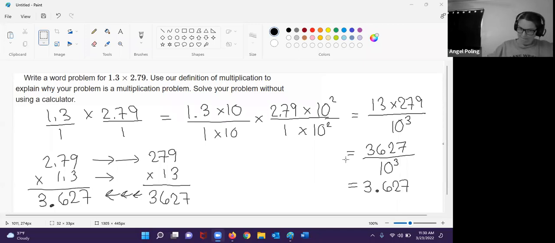So these are 2 different methods showing the standard algorithm, which we don't even discuss really, we just do it, right?